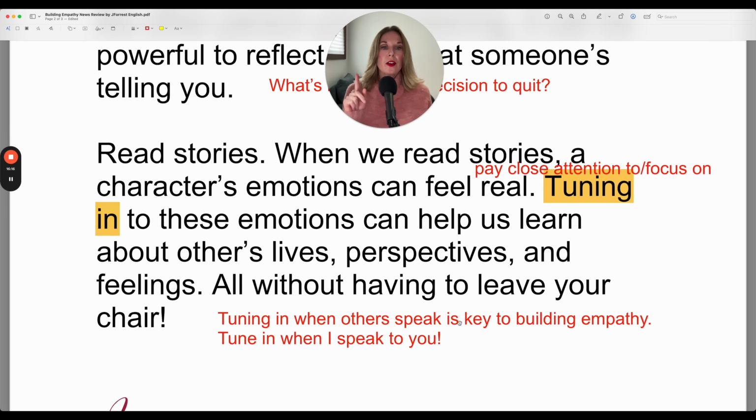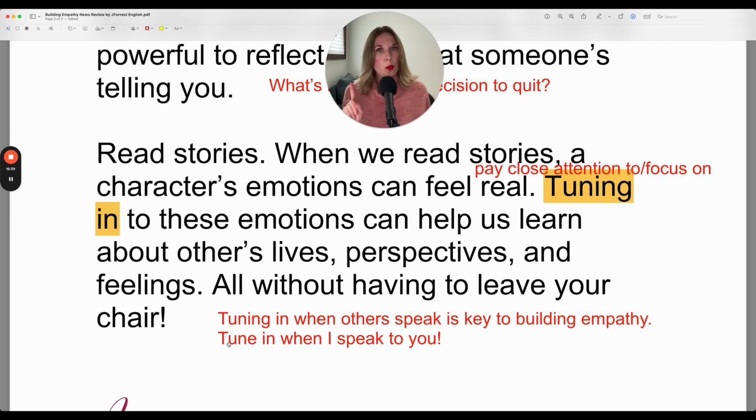So notice here, is key to, and then you need the gerund for this expression as well, is key to doing something. In this case, building empathy. But this is a general statement. Tuning in when others speak is key to building empathy. But compare that to tune in when I speak to you.